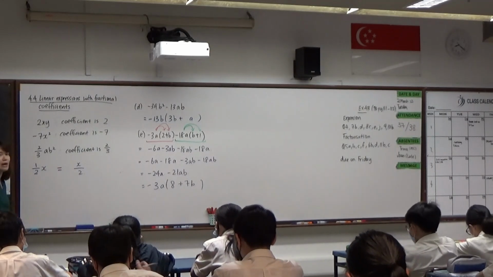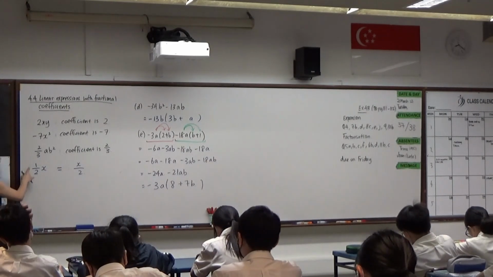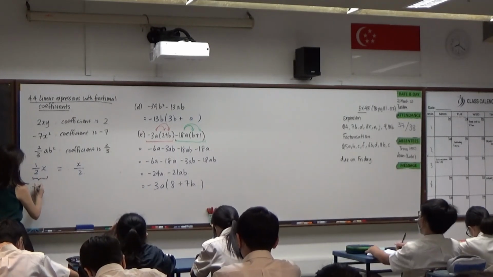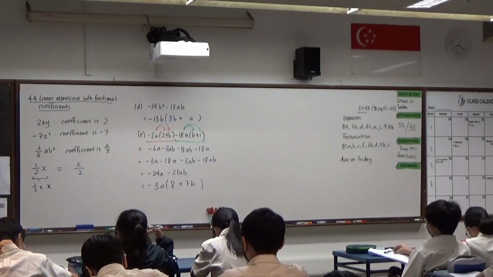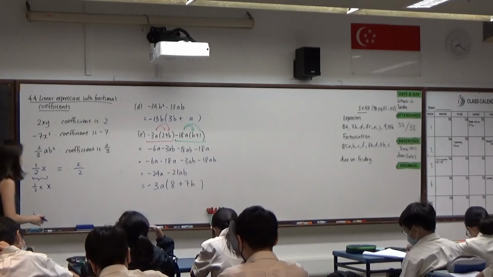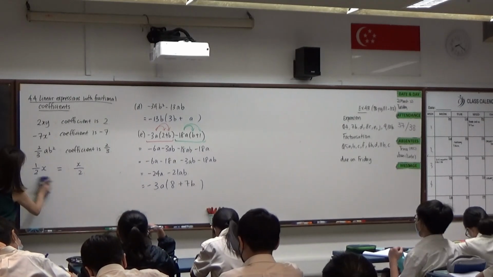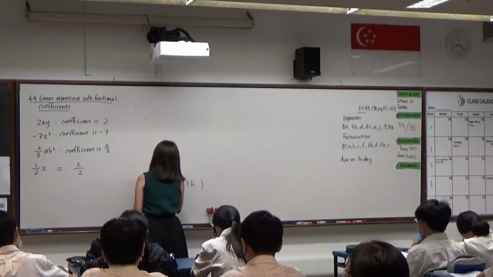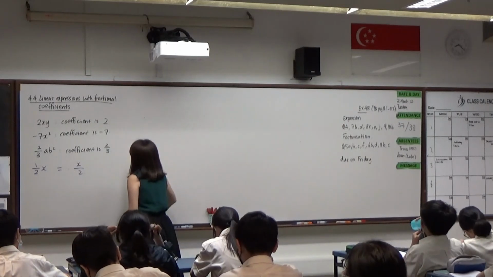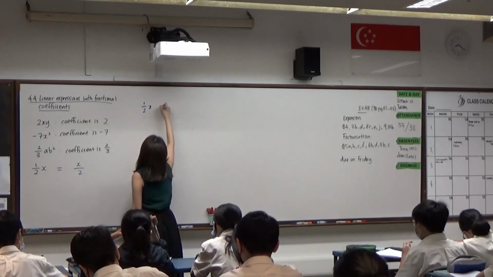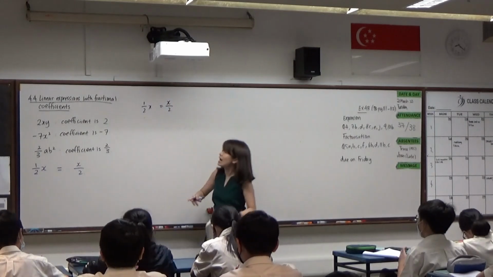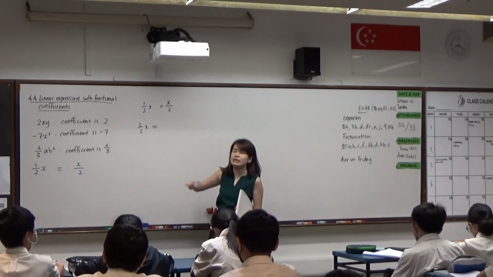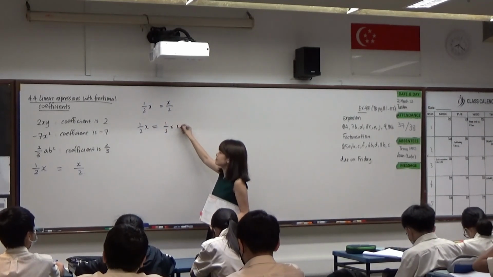They are equal to one another, because half x itself means half times x. Half x equals x over 2. That's because half x itself is the same thing as half times x.